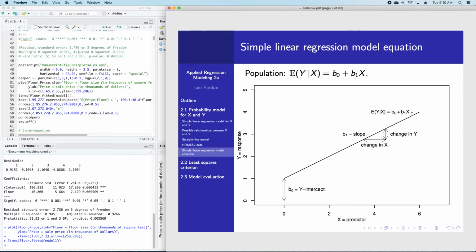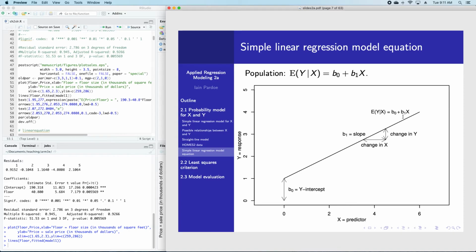If I plug x equals 0 into this equation, the b1 times x piece would be b1 times 0, so that would go away, and we would be left with expected value of y given x equals b0. So b0 represents the y-intercept. In this picture, when x equals 0, over on the left of the graph, y is equal to b0.